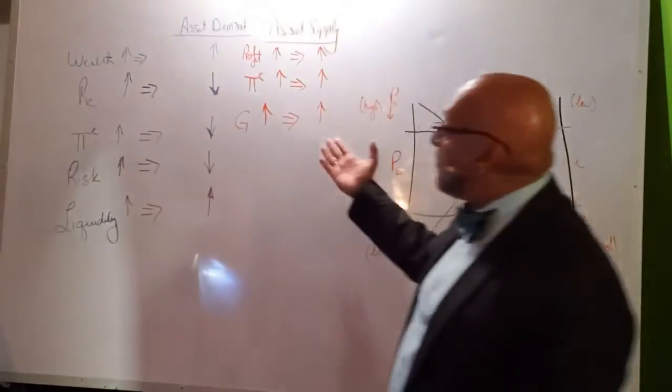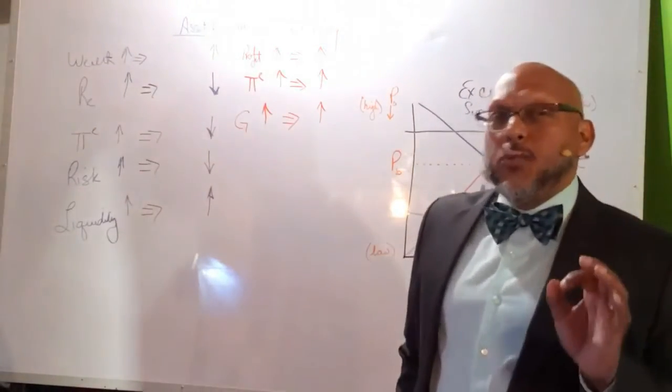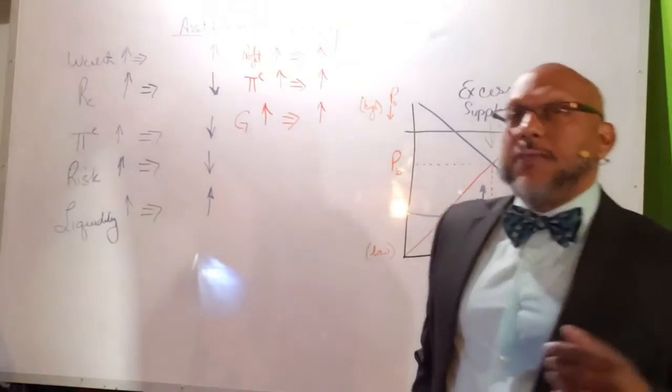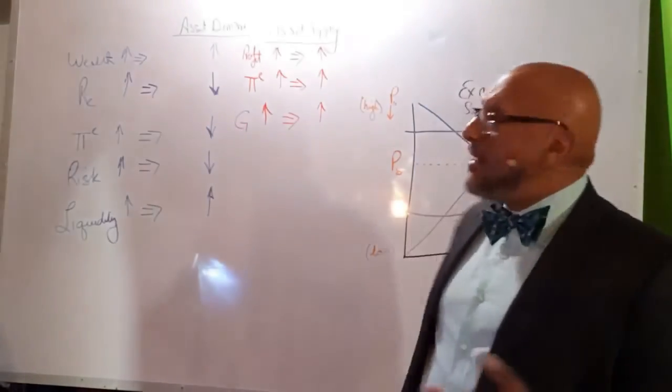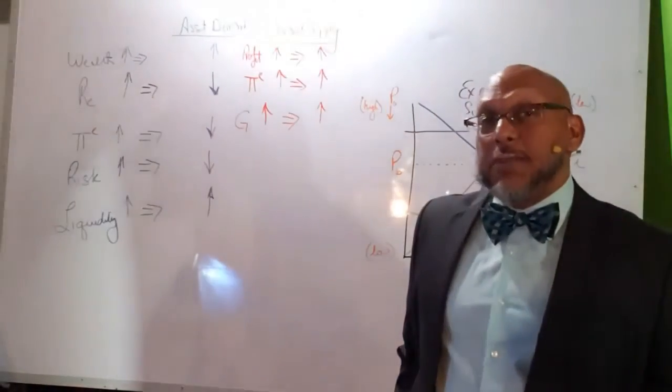If we look at the supply side, if that individual or that group or that industry is looking at profitability or an increase in profit, then they're willing to supply more bonds or stocks into the marketplace.